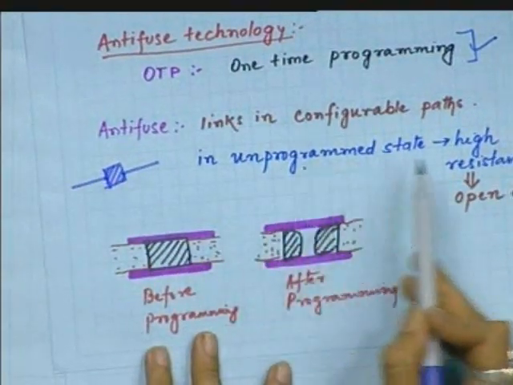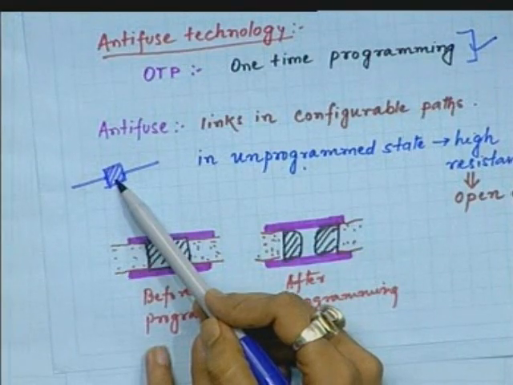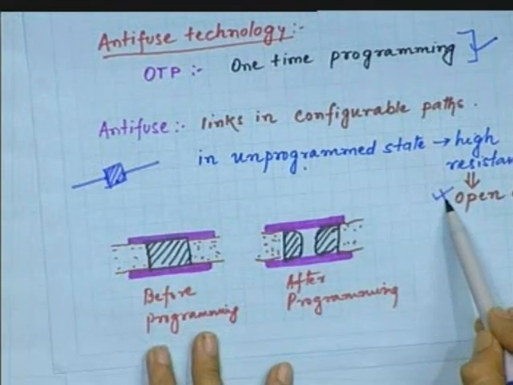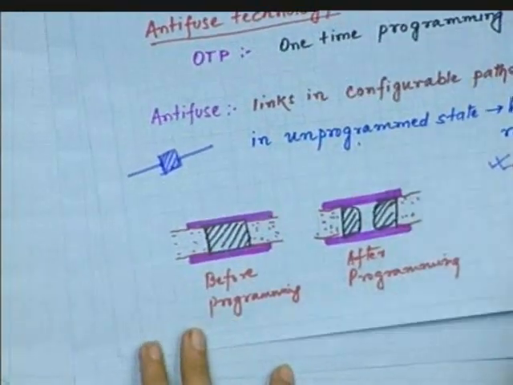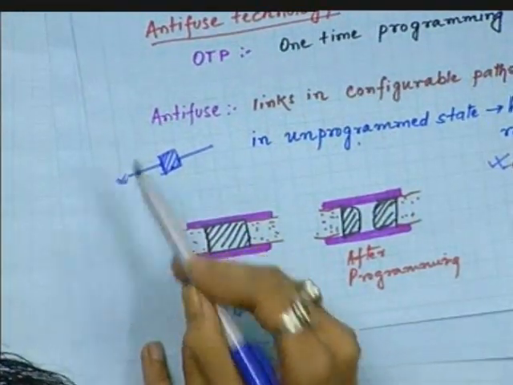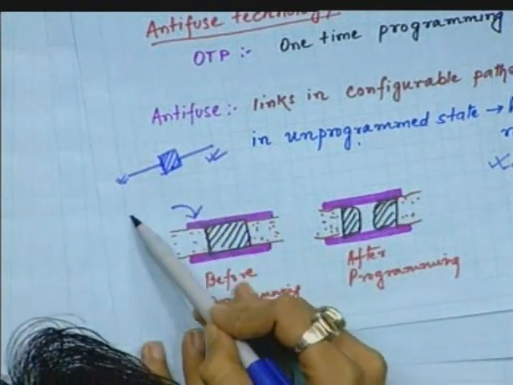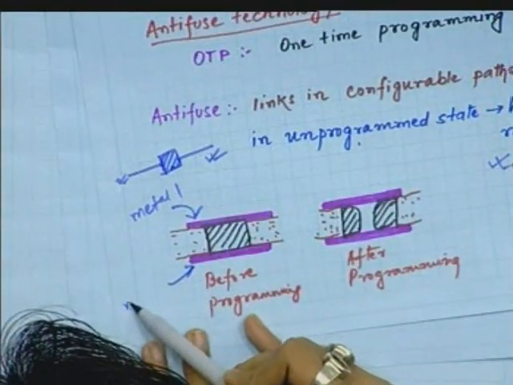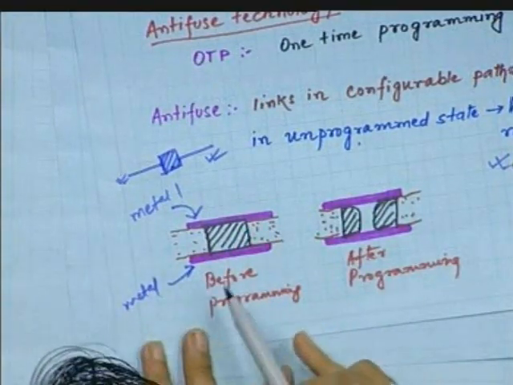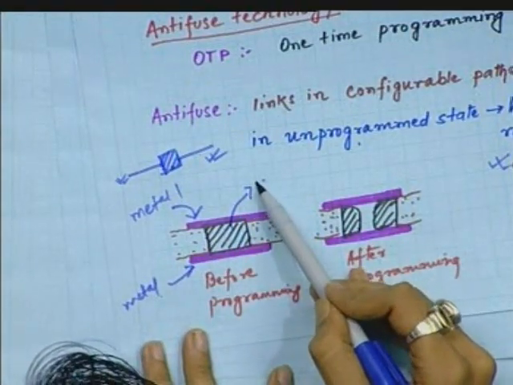In an unprogrammed state, this antifuse has a very high resistance, hence it models as an open circuit. Physically, suppose this is metal 1 and this is metal 2. This is actually your antifuse.